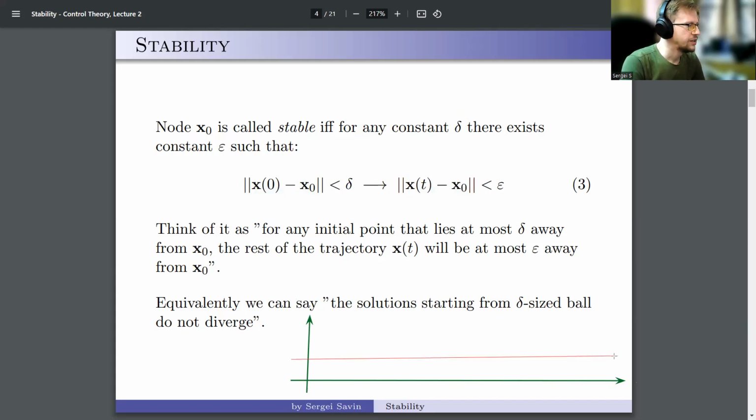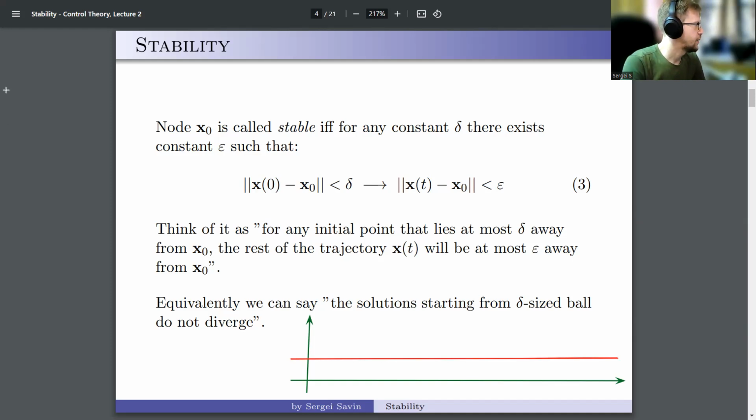The horizontal line is time here. Do you see red? Let me make it bolder. Okay. This is a node. So as long as your solution stays on red, it's not going to leave it.